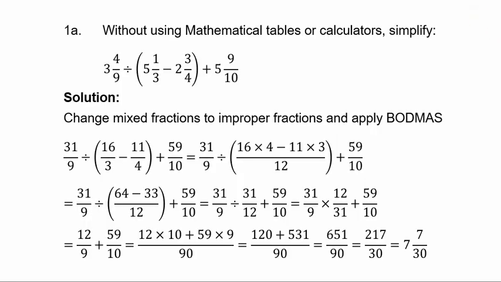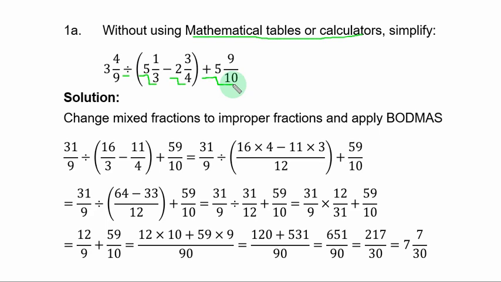Question 1A. Without using mathematical tables or calculator, simplify 3 whole number 4/9 divided by bracket open 5 whole number 1/3 minus 2 whole number 3/4 bracket close plus 5 whole number 9/10.